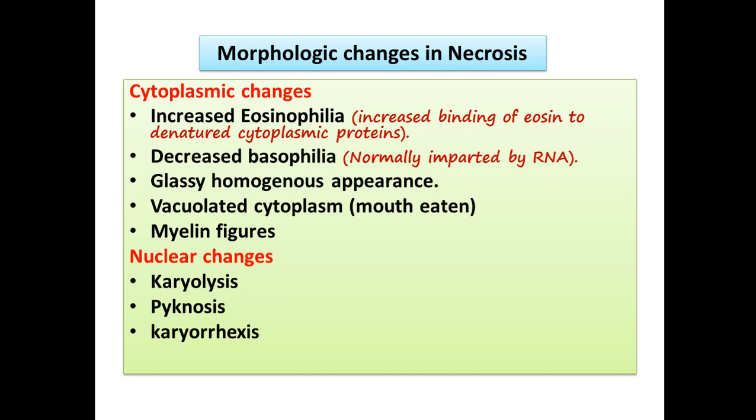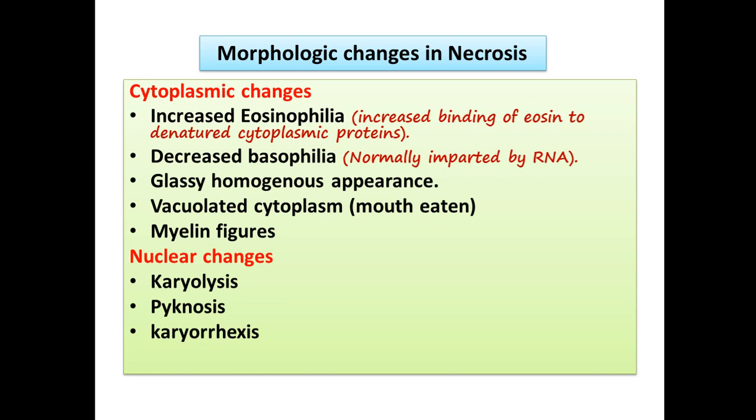The morphological changes of necrotic cell death are described as changes in the cytoplasm and changes in the nucleus. In the cytoplasm, we can see increased eosinophilia.